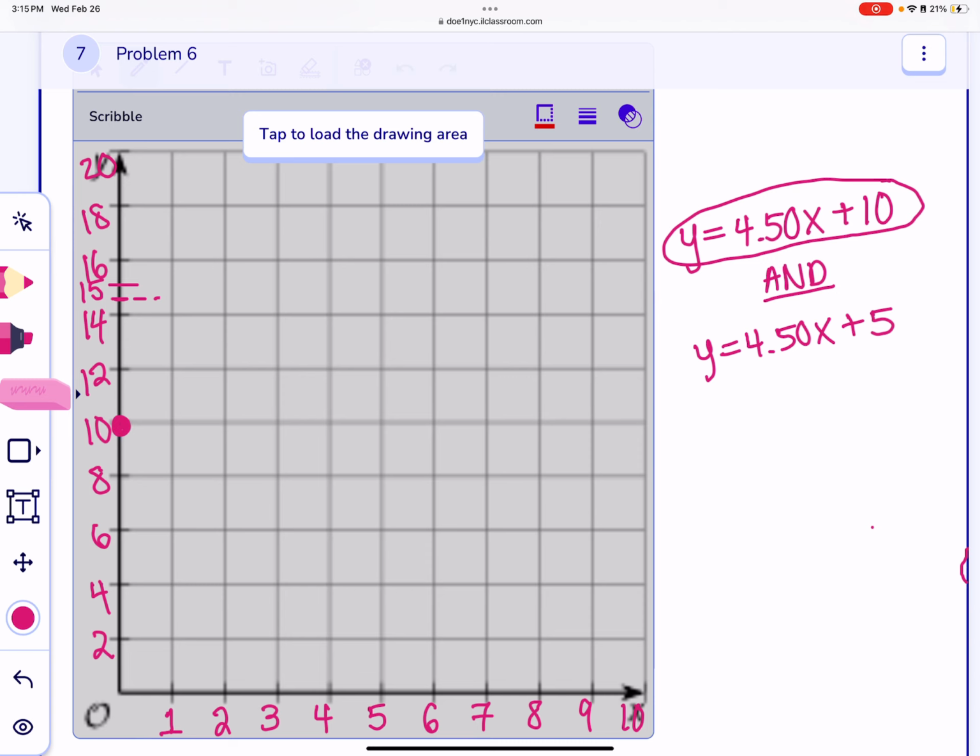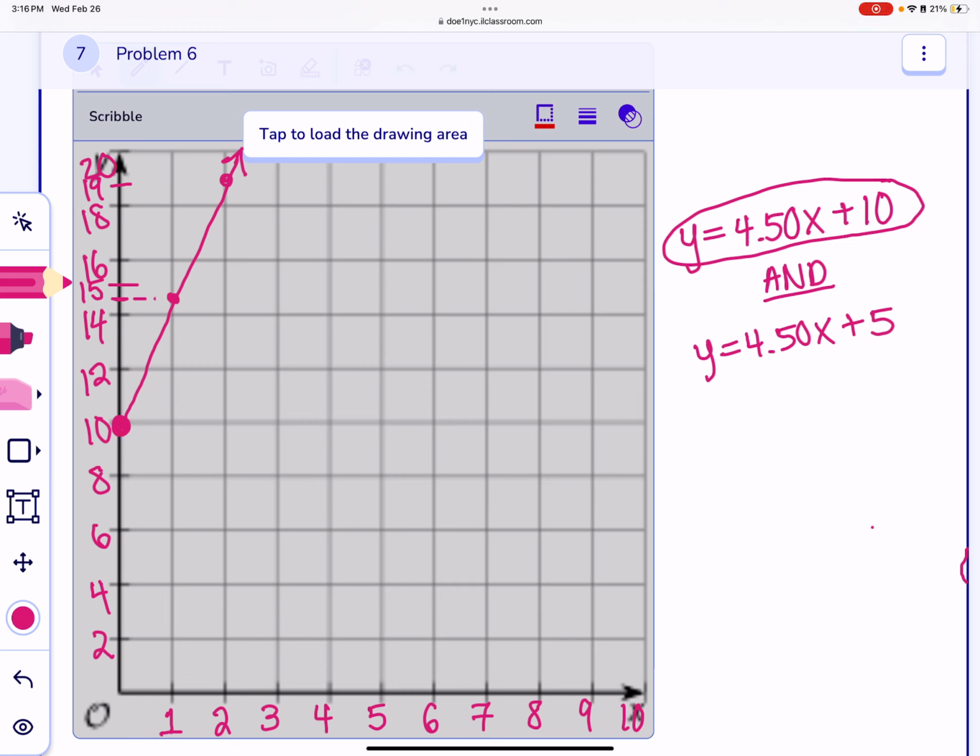And if we continued with this pattern from 14.5, I can add another 4.5 for 2 sandwiches, and it goes up to 19. This was what our line looked like, and it continues, which is why we drew an arrow at the end of this line.